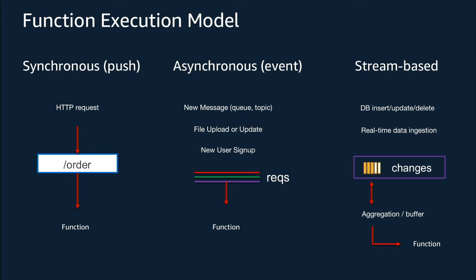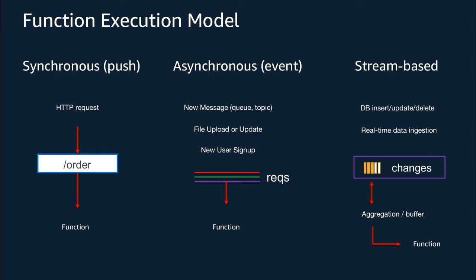In the asynchronous model, though, for example if you put a new file on S3, or publish a message on a queue or on a topic, there is a nice decoupling mechanism, so that we can, first of all, retry for you. If the function fails, we can automatically retry a couple of times. If you fail again, you can put the input event into what we call a dead letter queue. It could be a queue or a topic, so you can take that event back into the loop eventually for reprocessing.